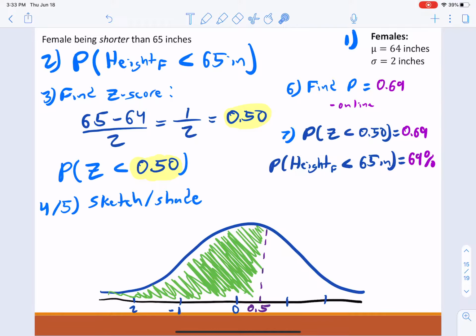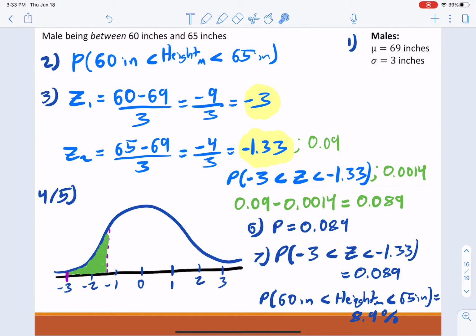So 69 out of 100 would be less than 65 inches. Same thing with the males, where if we had 100 people, then 8.9 of them would likely be between 60 and 65. We'll round that up to 9. We'll just say that there would be 9 people in between 60 and 65 inches if we grabbed 100 people. So that's sort of the real life example there.